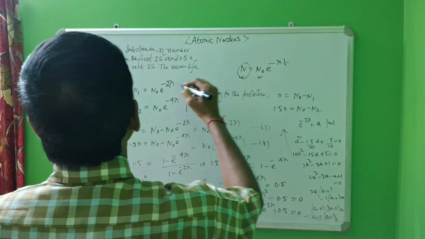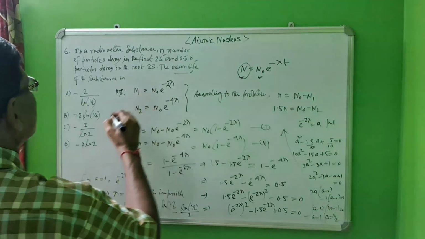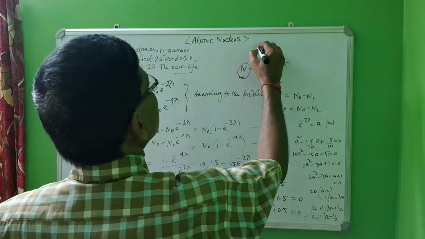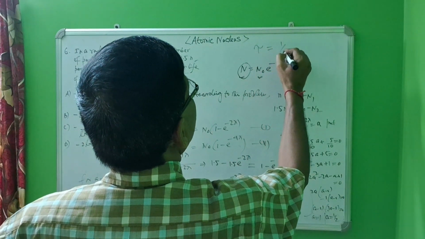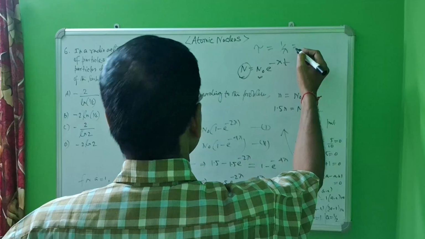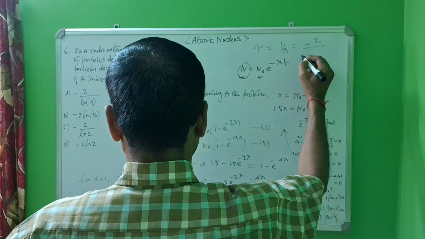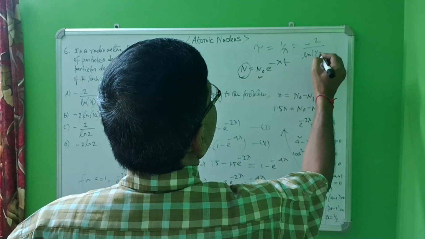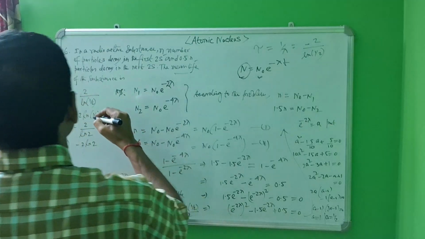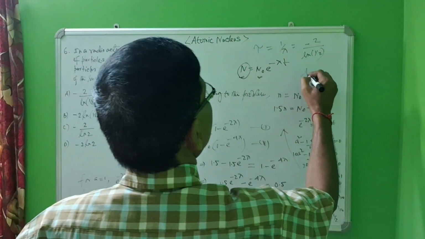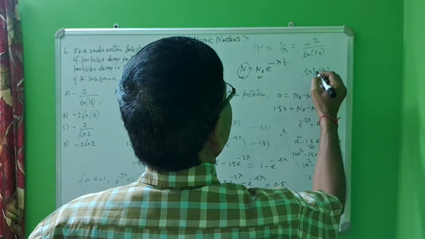And the mean life equals 1 by lambda equals minus 2 upon ln half. So answer A.